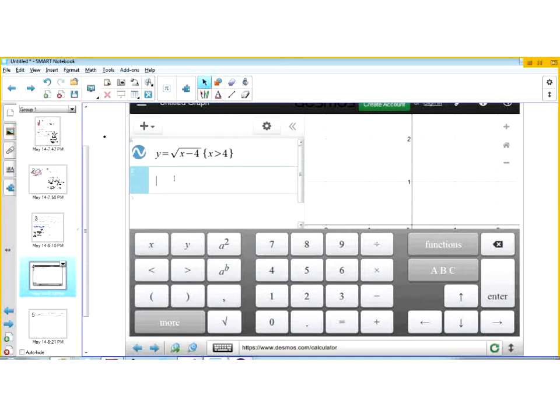And y is equal to 8 minus 2x for x less than 4. And y is not defined.